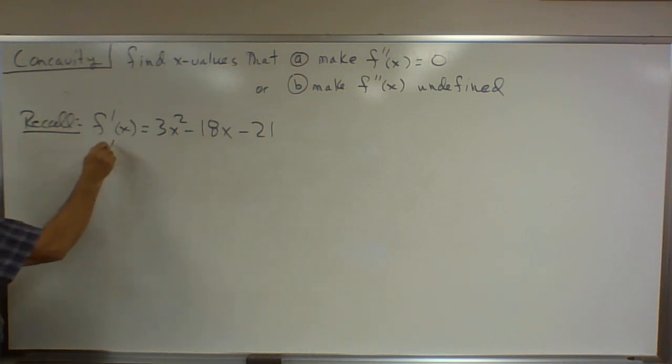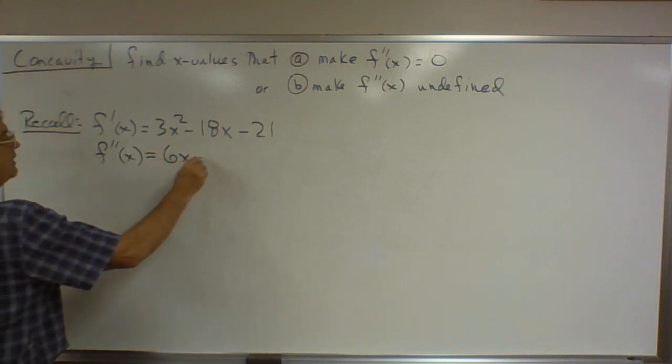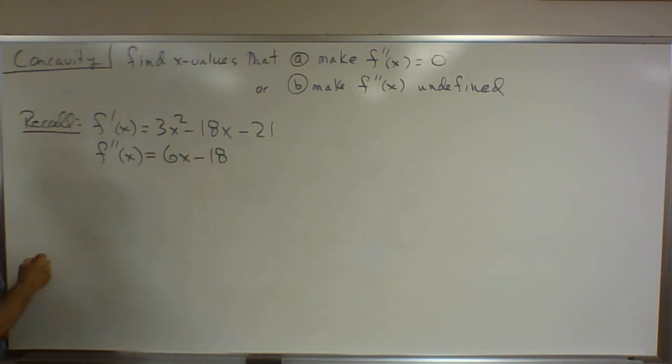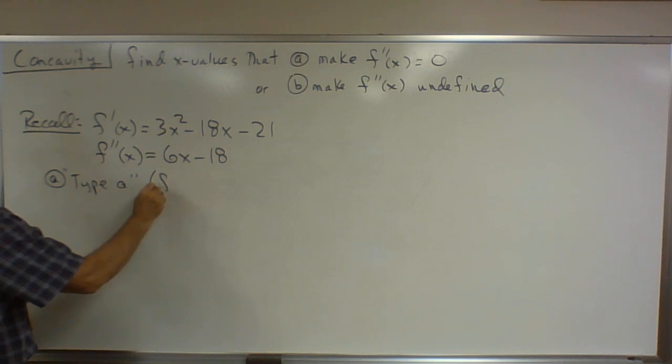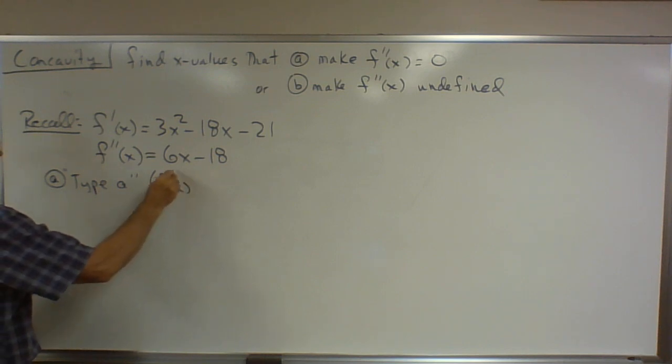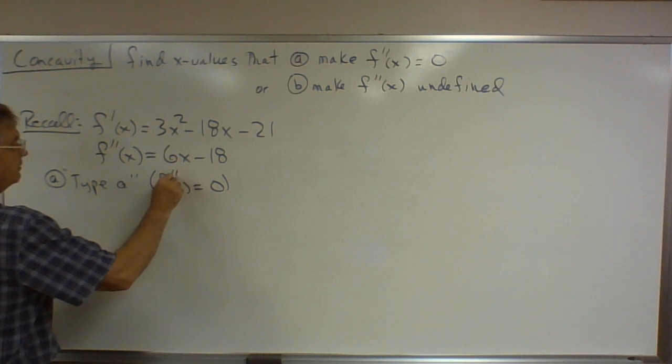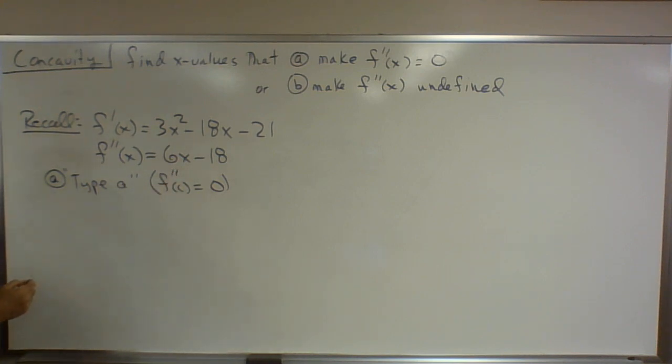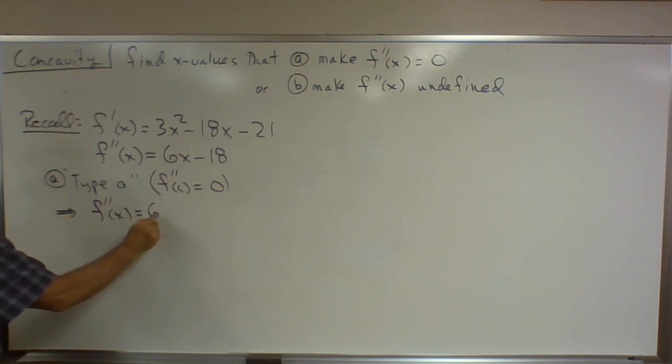The second derivative, we just compute the derivative of the first derivative. We'll get 6x minus 18 and a type A point of inflection. We get that from those x values that make the second derivative 0. So we set the second derivative equal to 0.